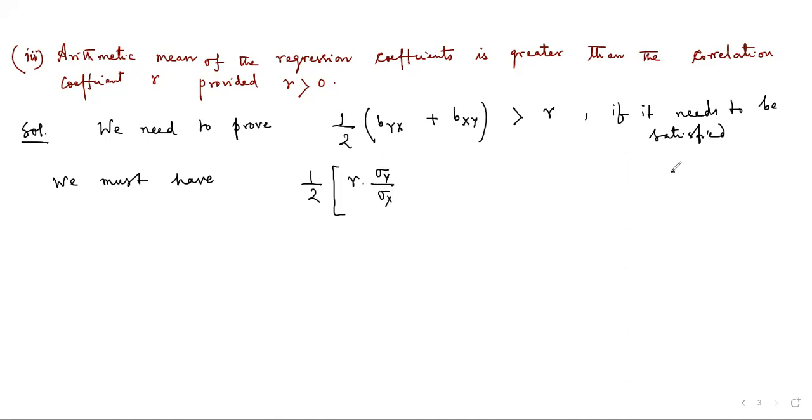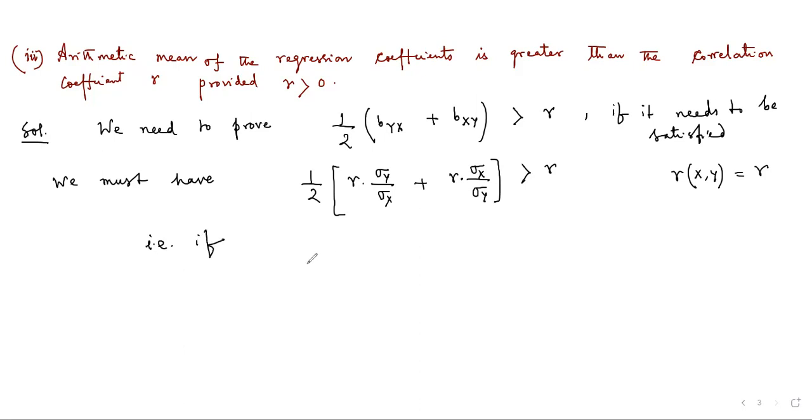For the sake of the problem, we write rxy as simple r. So this would be r into sigma y by sigma x, and this would be r into sigma x by sigma y. If the first line needs to be satisfied, then the second line needs to be satisfied.